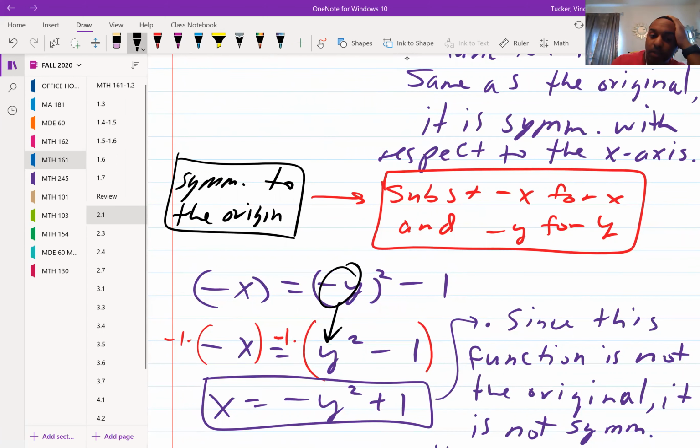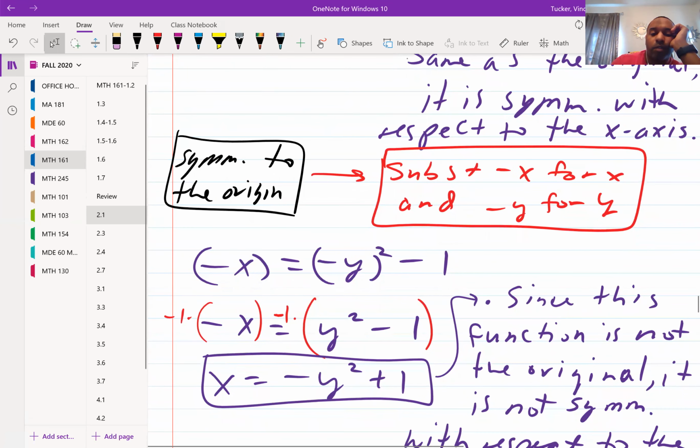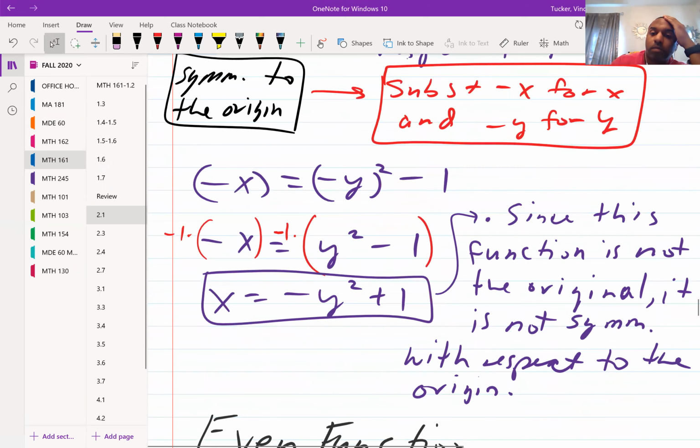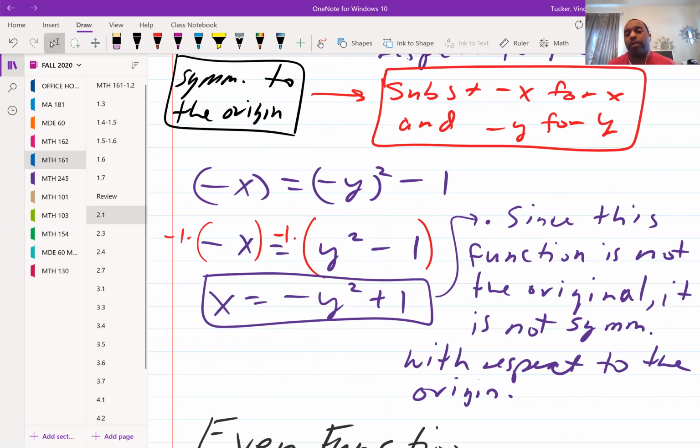So that's what happens here. And then once again, I want to multiply both sides by -1 so I can have x equals. And doing that, that gives me x equal to negative y squared plus 1. And since this function is not the original, it is not symmetric with respect to the origin.